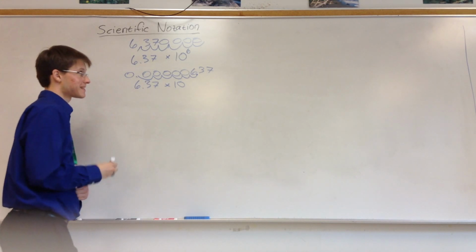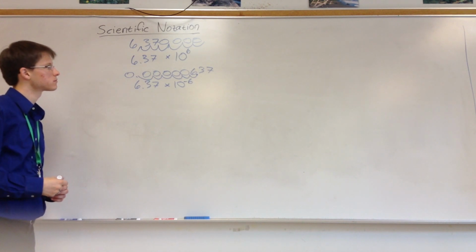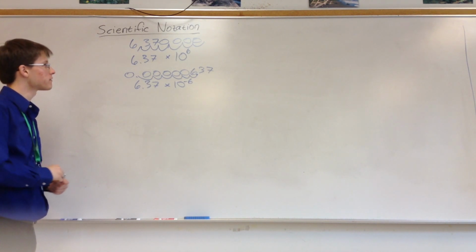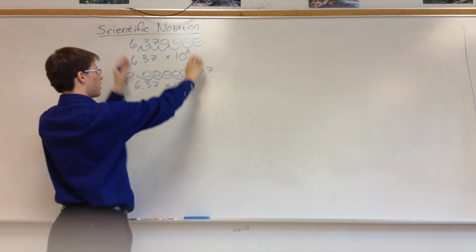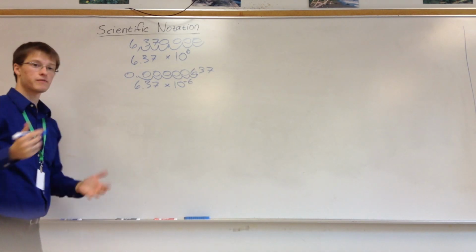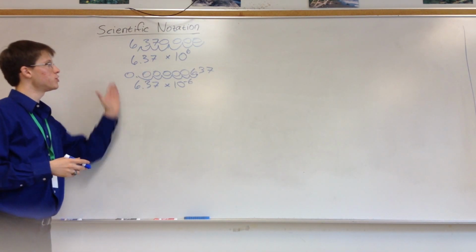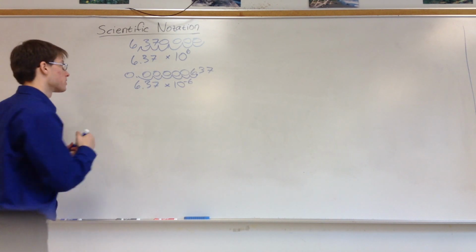If we want to move the decimal point to the left, it has to be negative 6. So that's how you convert a number that is very, very small or very, very big to scientific notation. If you want to convert a number from scientific notation to standard notation, that's also pretty straightforward.